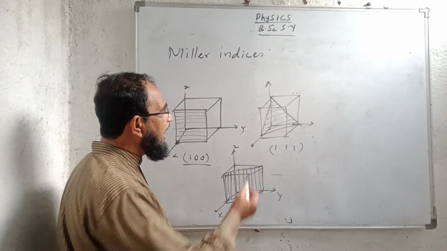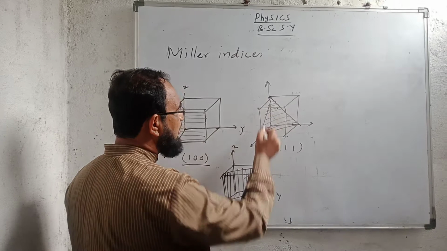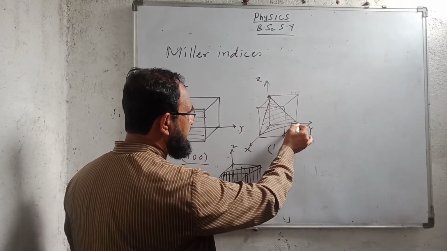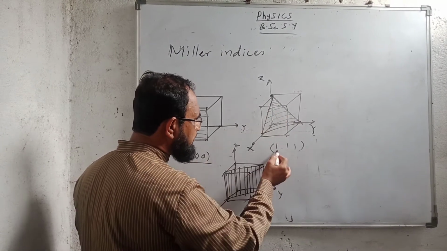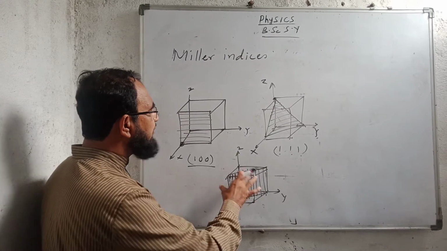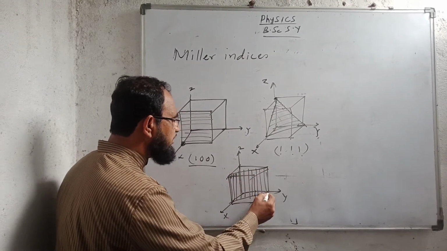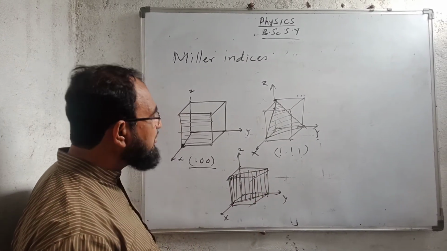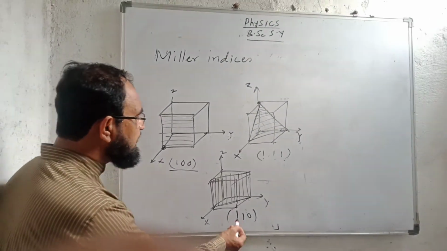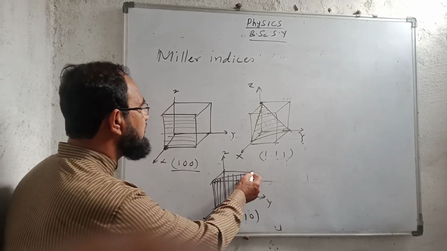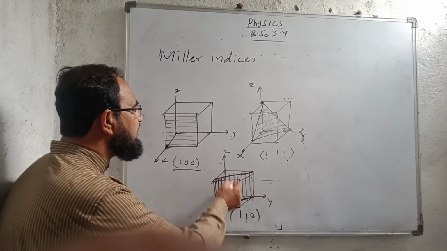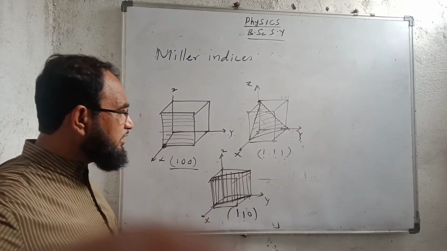Then if I have intercepts along the x-axis, y-axis and z-axis, I have the intercepts 1, 1 and 1. Similarly, for the diagonal plane, the indices will be 1, 1 and 0. Diagonal means along this axis as well as along this axis.